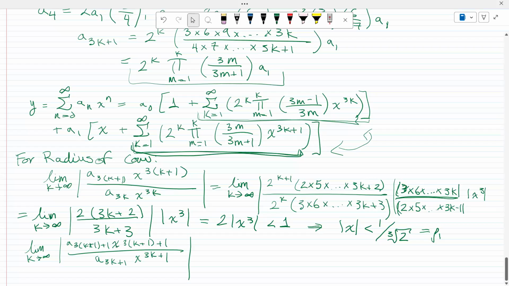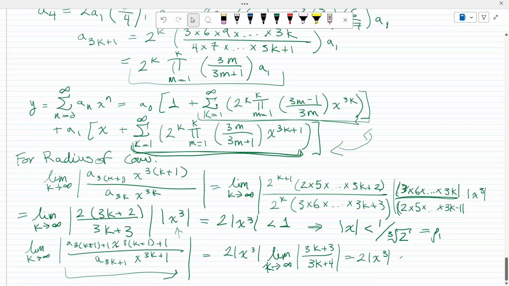And spoiler alert, this is going to end up looking very similar to the expression that we had up here. It'll simplify to just be 2 times x cubed times the limit as k approaches infinity of 3k plus 3 divided by 3k plus 4, which will be equal to 2x cubed, which is bounded above by 1, which would imply that absolute x is bounded above by 1 over the cube root of 2, which is equal to rho 2.